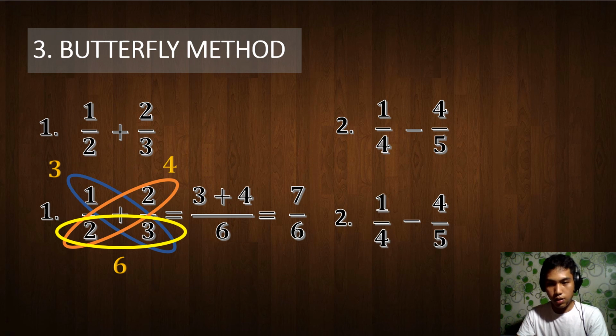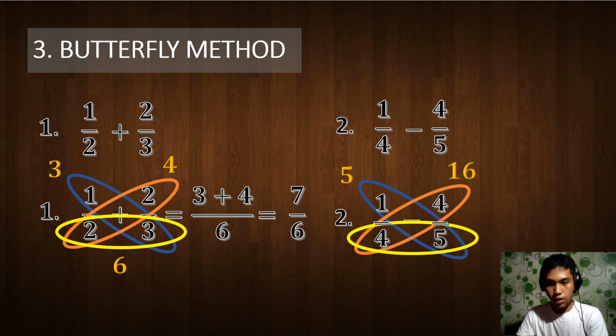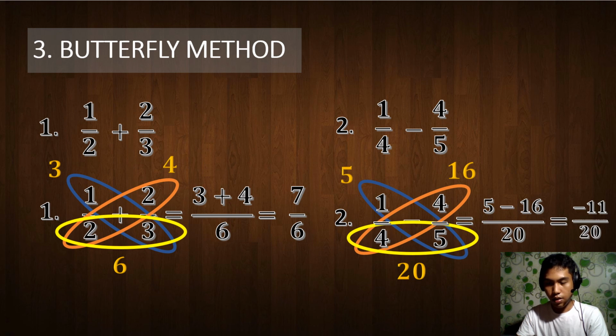Then for the second number, do the same process again. We have 1 times 5, that would be 5. 4 times 4, that would be 16. And 4 times 5, that would be 20. So resulting to that, we have 5 minus 16 all over 20, that would be negative 11 over 20. So all those three methods resulted in the same answers for number 1 and for number 2.